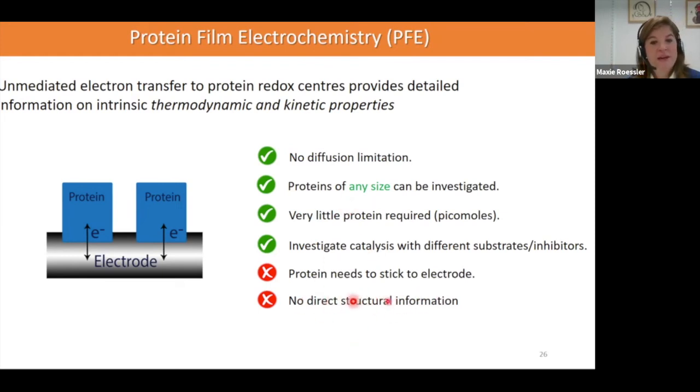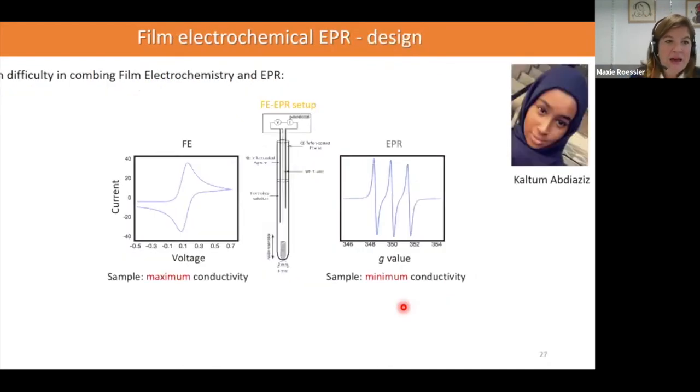The second one here is very much related generally to electrochemistry: you don't have the structural information. And that's why protein film electrochemistry has been combined with other spectroscopies. And indeed, in our case, our wish to combine it with EPR comes with quite a few practical challenges. And this was really all driven by Caltum, who I think has done a terrific job in getting this off the ground.